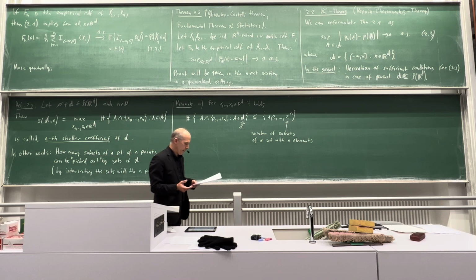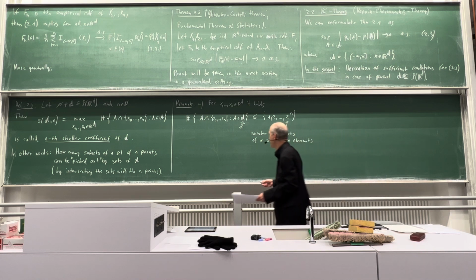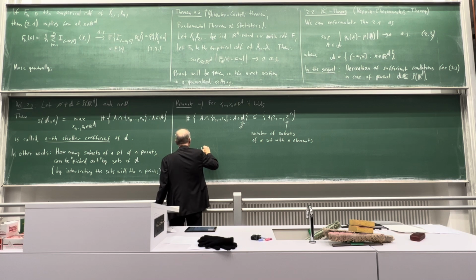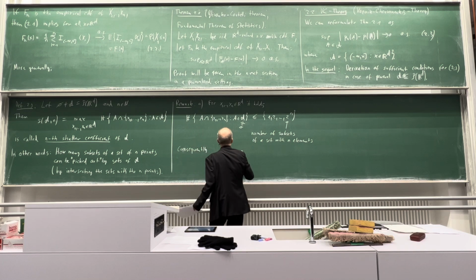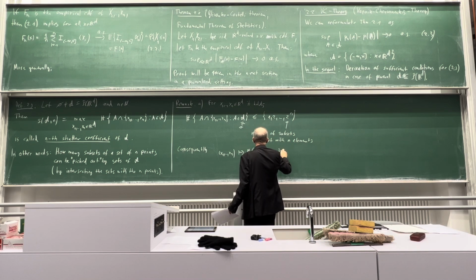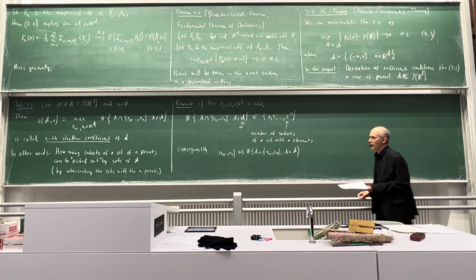And consequently, the function where x1 to xn maps to this number, A intersected with x1 to xn for A in calligraphic A, attains its maximum.